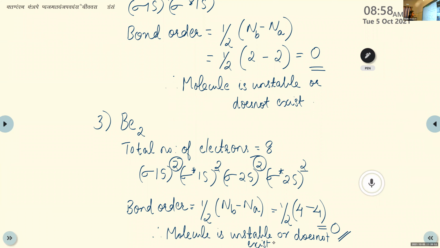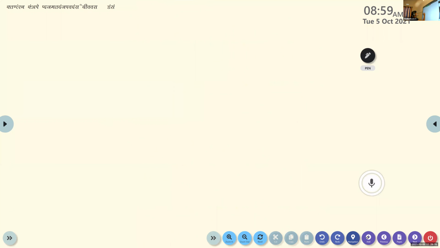Clear? Is this clear, children? Yes, ma'am. Then next example, lithium molecule. Fourth one, right?